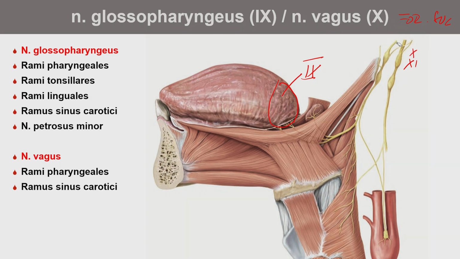Here is seen glossopharyngeus. From glossopharyngeus there is a nerve which is called nervus tympanicus, and we will see it in a second on the next slide. And then here we have another branch, another ganglion, and after this ganglion we have branches.